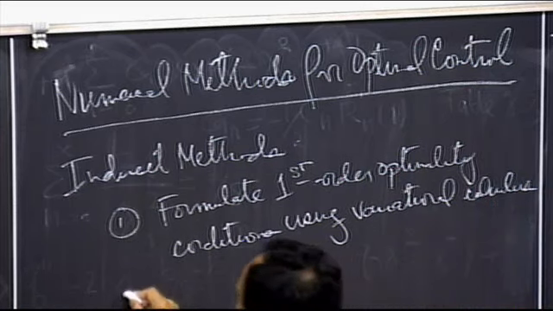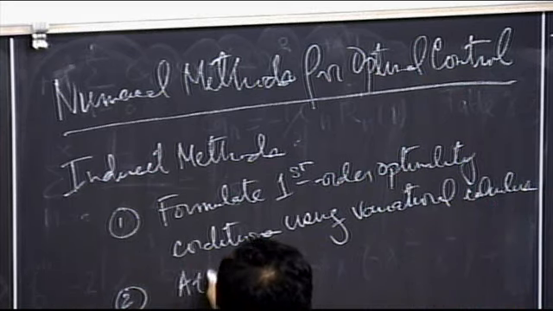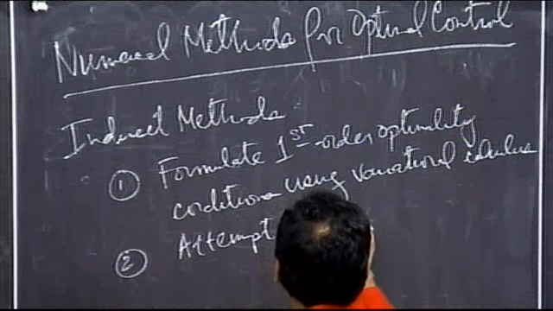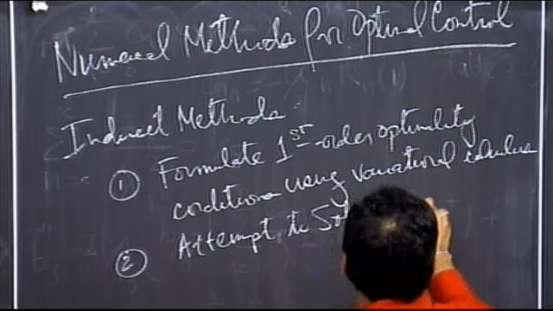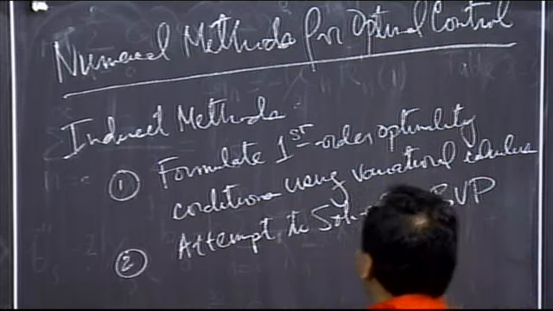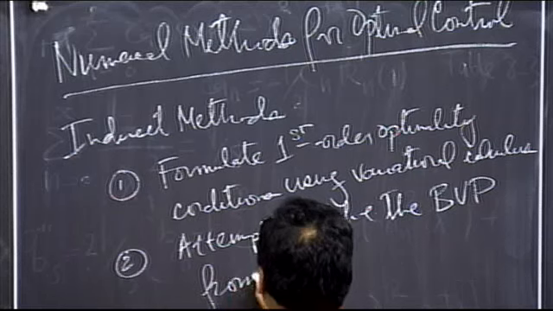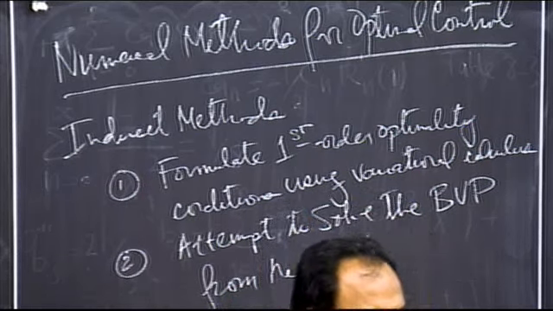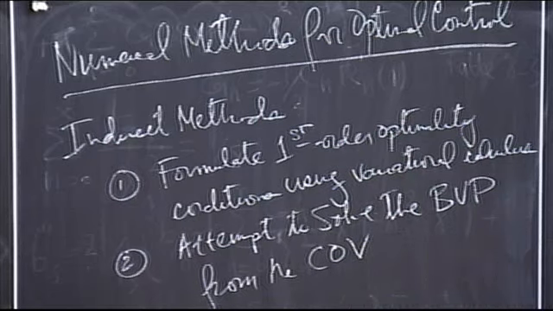And you attempt to solve the boundary value problem from the calculus of variations. Now, as we just saw, that is not a very easy thing to do, right?